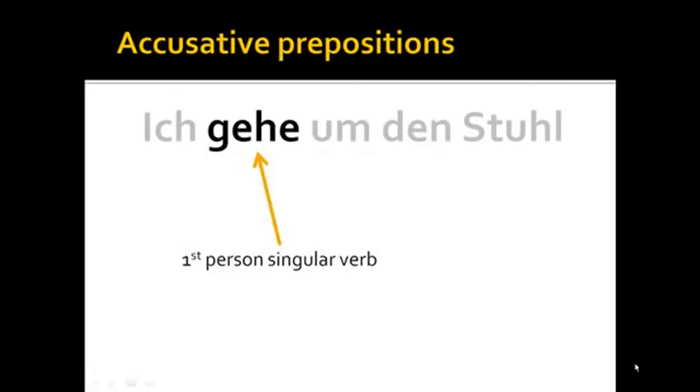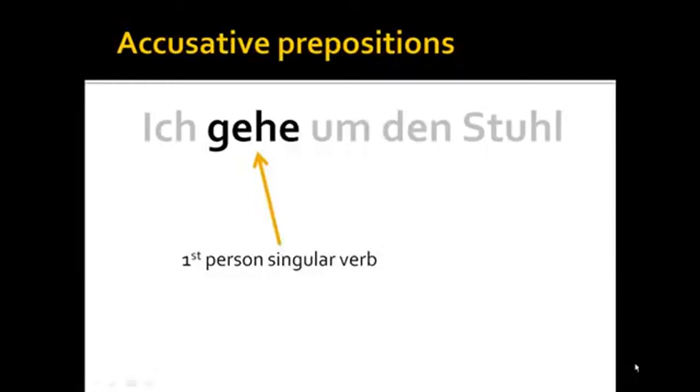I'll explain in a second why I use that word. So it's what we call an intransitive verb. There's no action that is being transferred to another object in the sentence. You can't say, I go the chair. So it's intransitive, no action is being transferred.